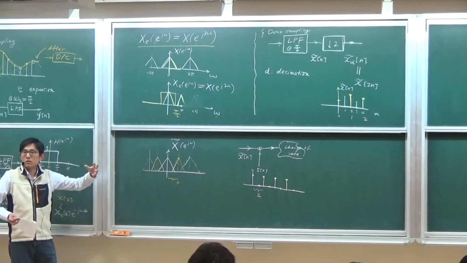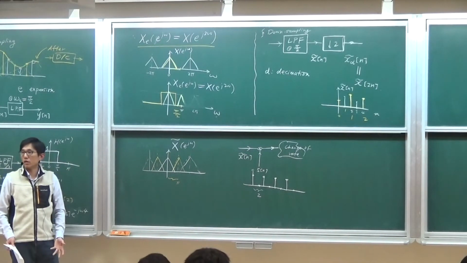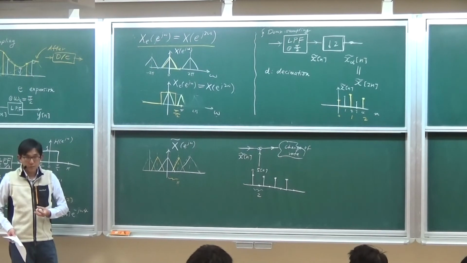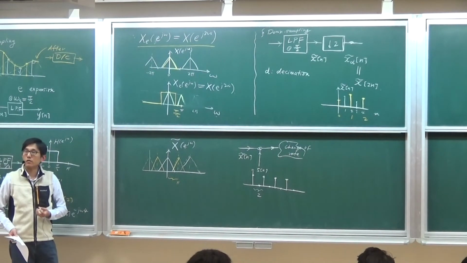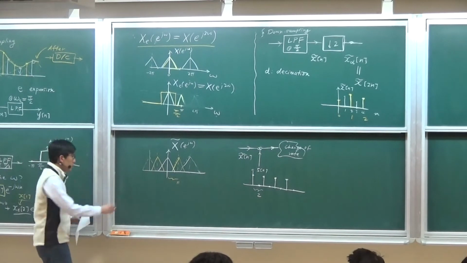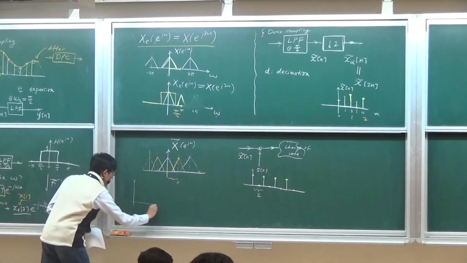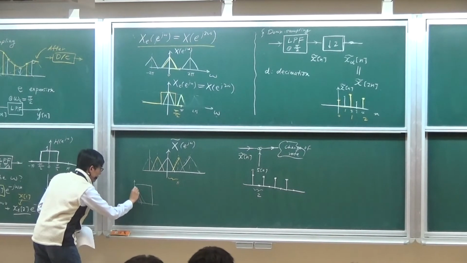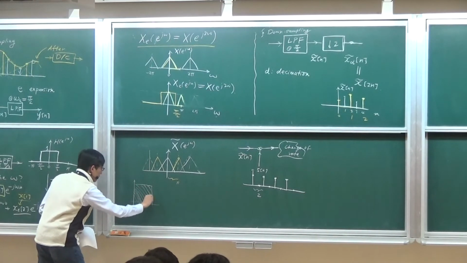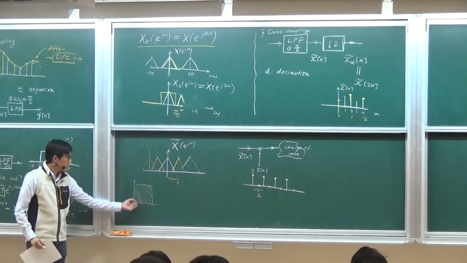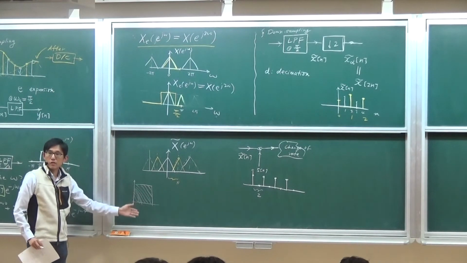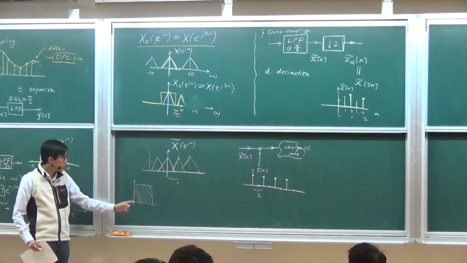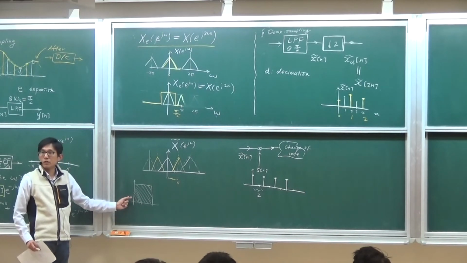Whenever this also happens in the image domain. When you downsample the image, we should look at some examples. In an image, if the original image has a high frequency component, like densely spaced stripes, that means in 2D it has a high frequency component.